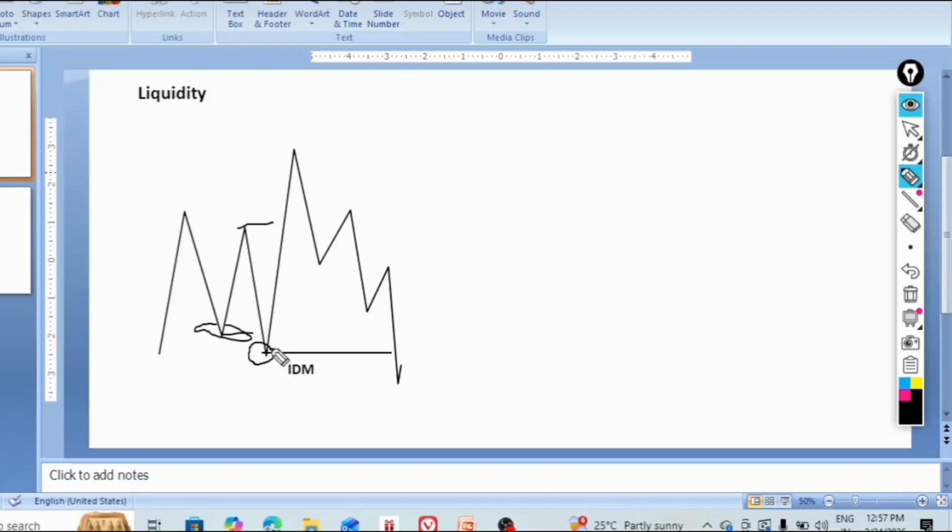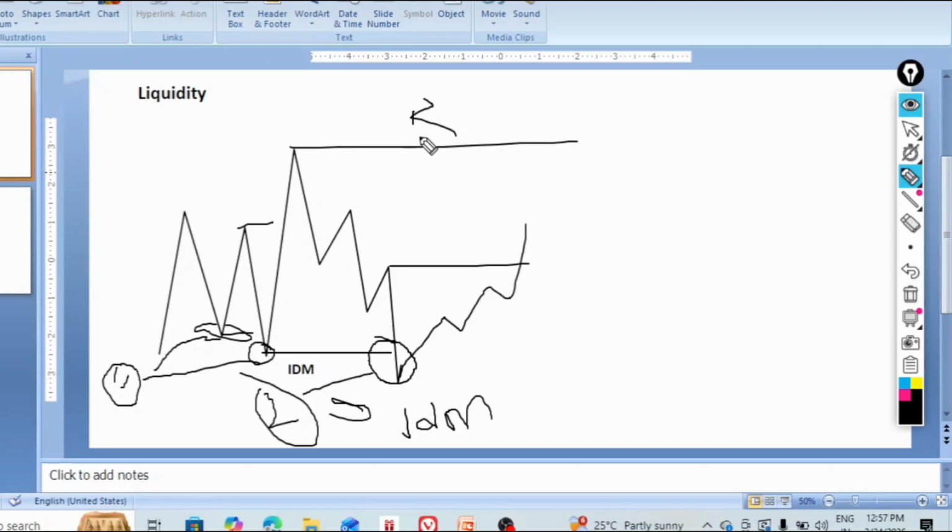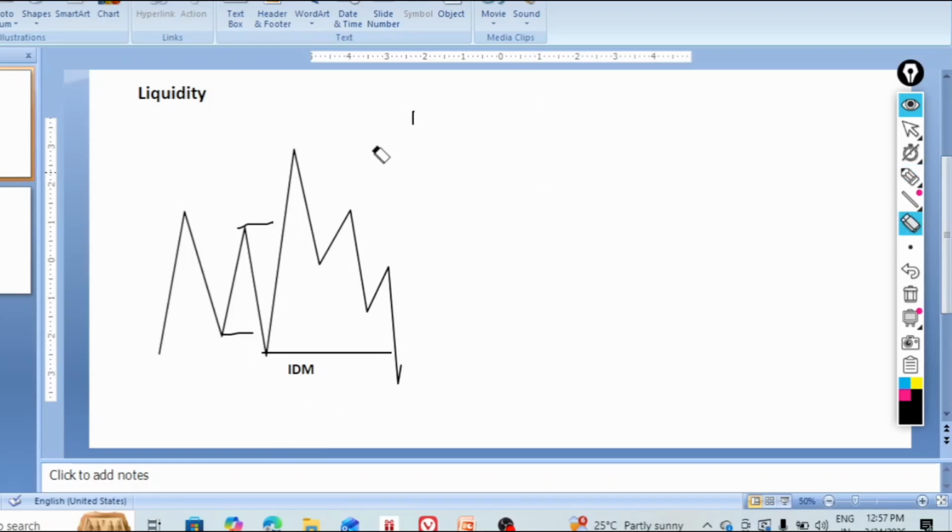This has been swept one time, it has swept this swing low, right? And then this has been swept two times. So this is a strong IDM, this is the strong inducement. So the market can move up to our break of structure. So I hope you understand the weak inducement and strong inducement now.